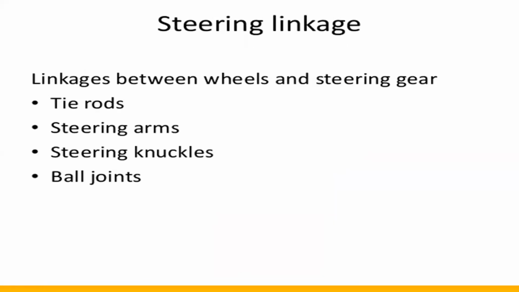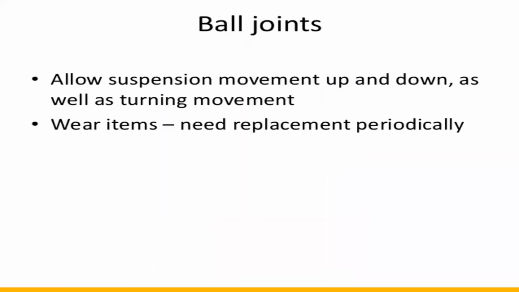Next one, ball joints. They allow the suspension movement up and down as well as turning movement, and wear items need replacement periodically. When any speed breakers or dampings occur on uneven roads, the loads are taken by the wheels.